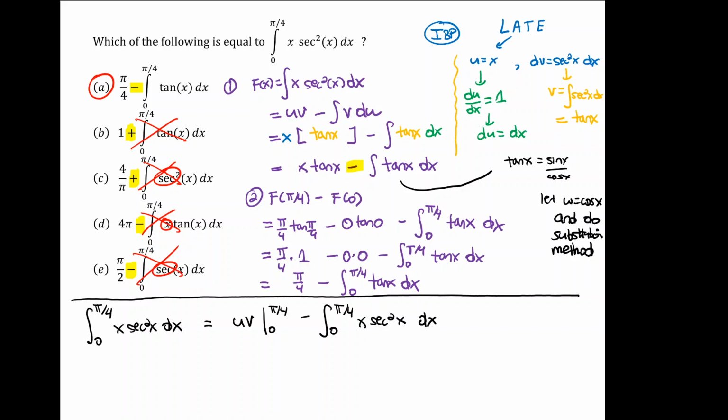I'm going to recycle the work up above that we already did, so don't forget that we do have to do the work up above to solve this question this way, because I don't want to write it again, mostly for space reasons. So x, and then v is tan of x. And this notation means evaluate it at the top number, evaluate the bottom number, and subtract. It's the F of a minus F of b in a different form.